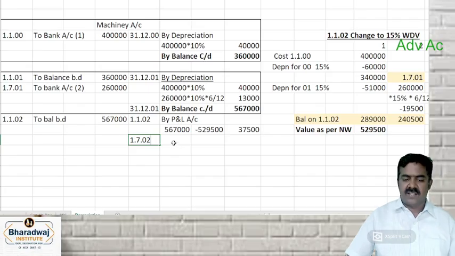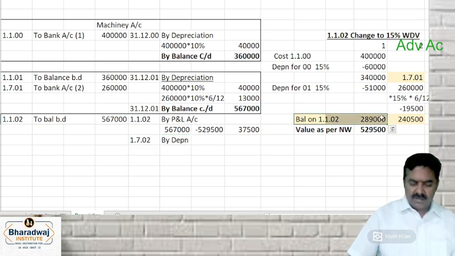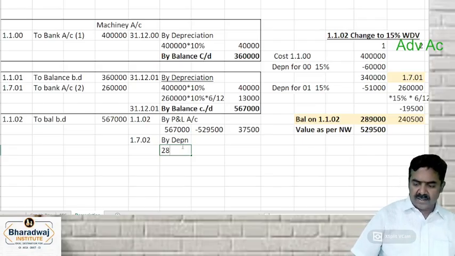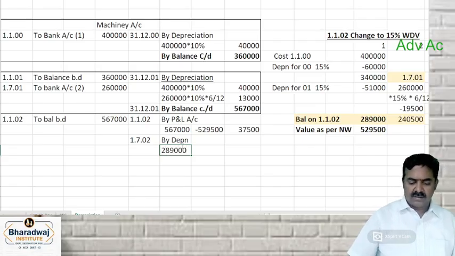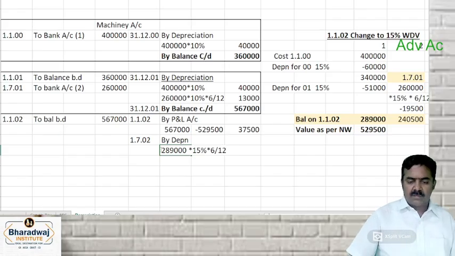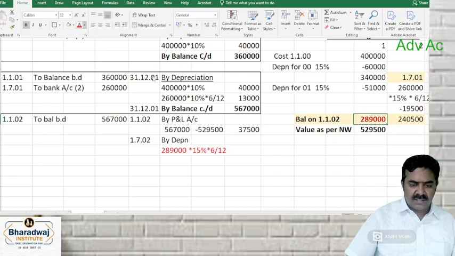Wait, when we are selling the asset, which method are we in? By depreciation for the sold asset, what is the opening balance? 2,89,000 into what percent? 15% for 6 months. That is the value of the asset sold.